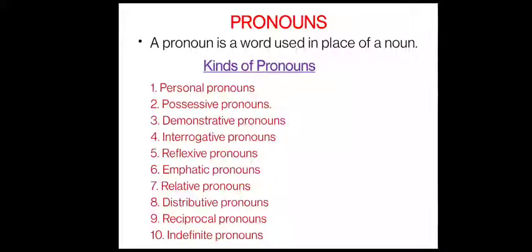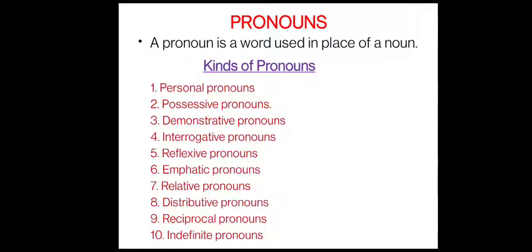It also indicates possession, asks questions, points, is objective, and so on. So basically, in simple words, words which are used in place of a noun are known as pronouns.